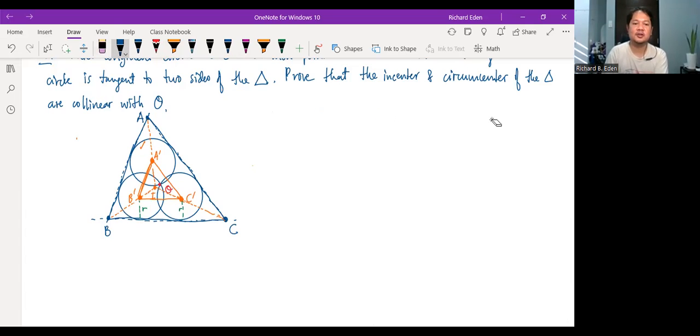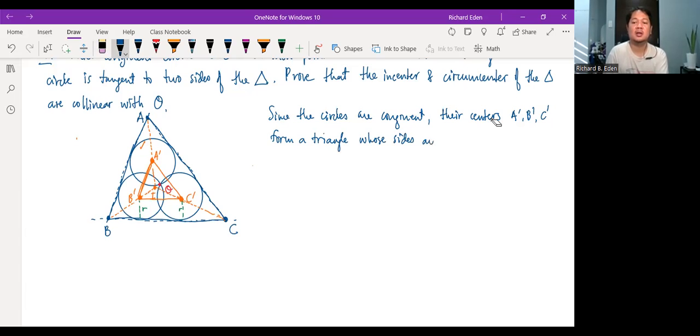Since the three circles are congruent, their centers A prime, B prime, C prime form a triangle whose sides are parallel to the sides of triangle ABC.